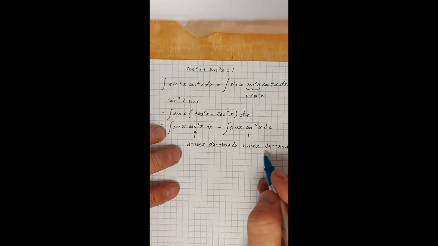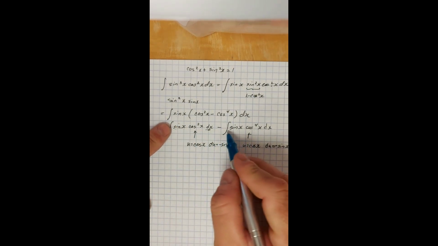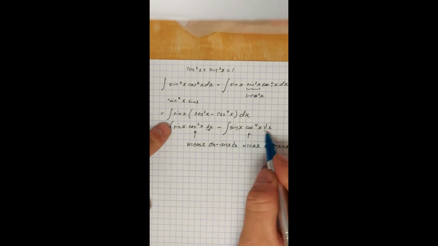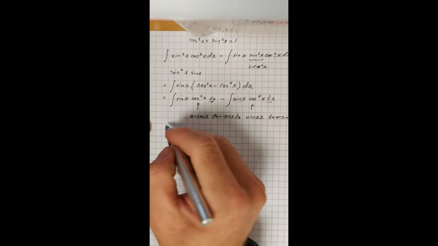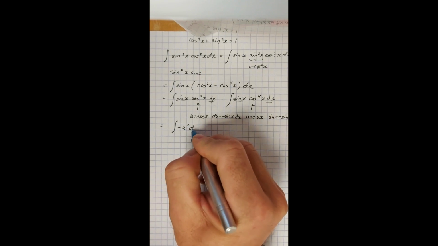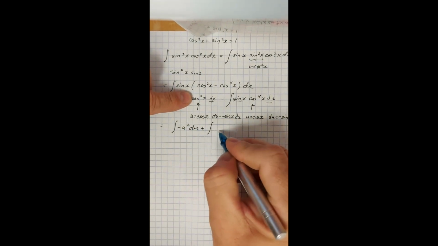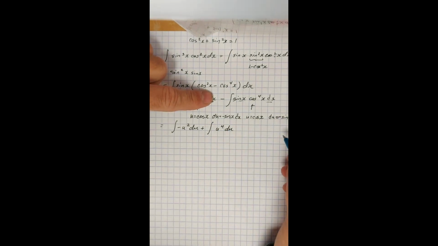So that's going to be this part. We'll just have to throw in a negative here, and this negative will get absorbed in with the cosine of that. So this is just going to be the integral of negative u squared du, that's coming from here, plus the integral of u to the fourth du.